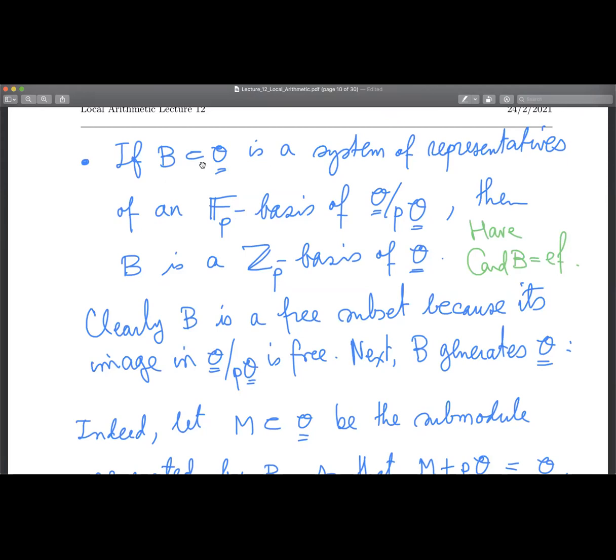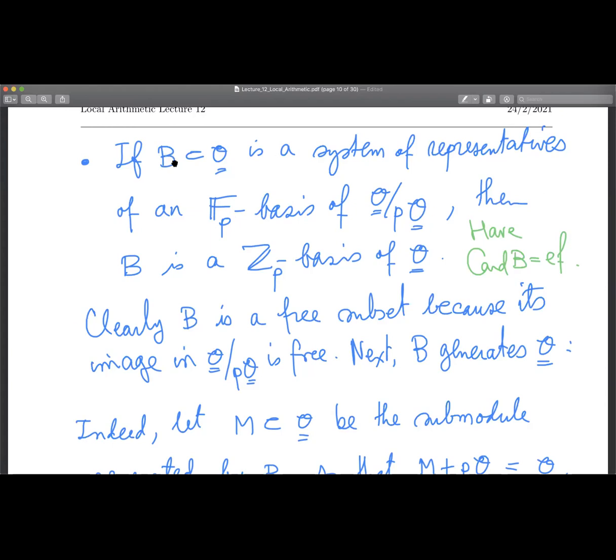But let's come back to the ring, and I take an F_p basis of O modulo pO. And in the ring O, I take a system of representatives of that F_p basis, and I call that system B. So B is just a subset of O, whose reduction gives me a bijection with an F_p basis of O modulo pO, which I have chosen in advance.